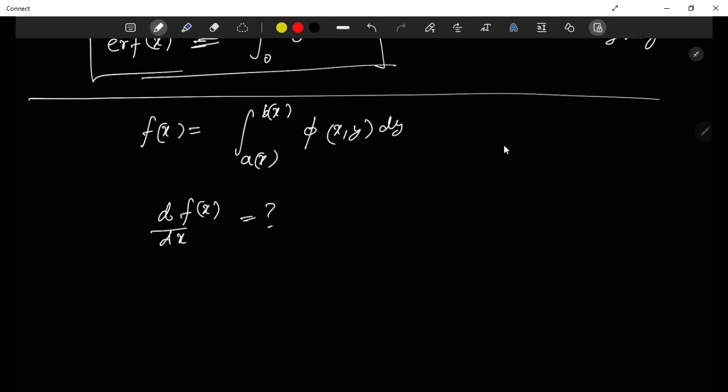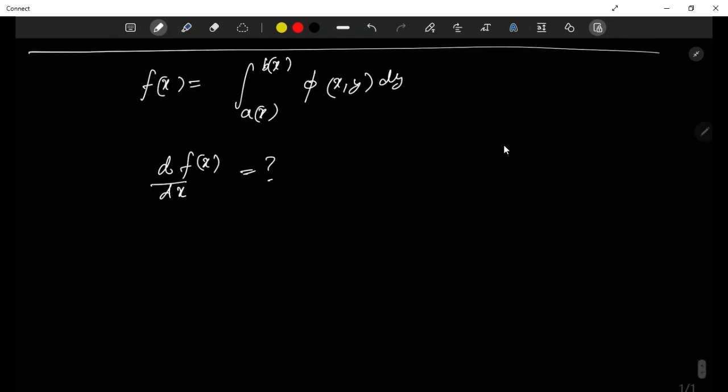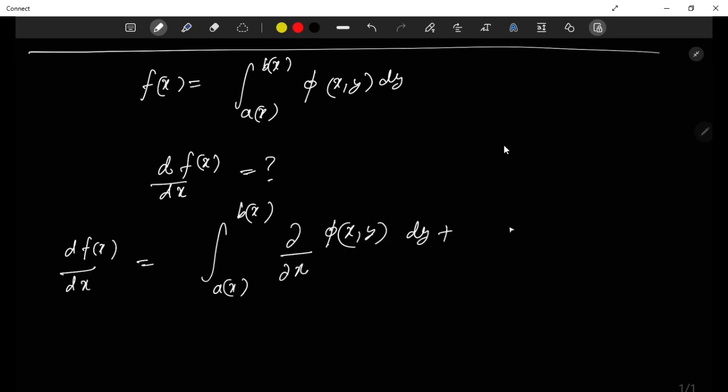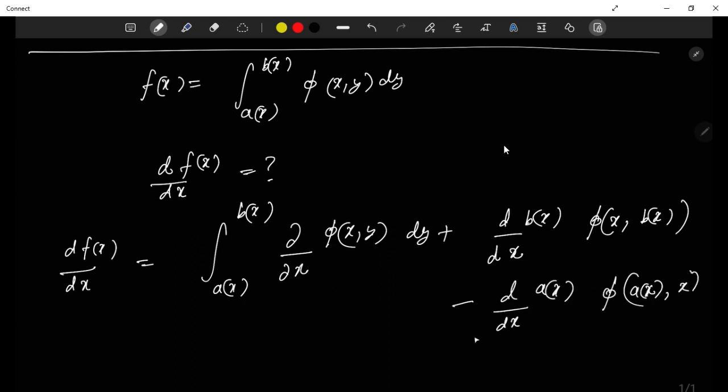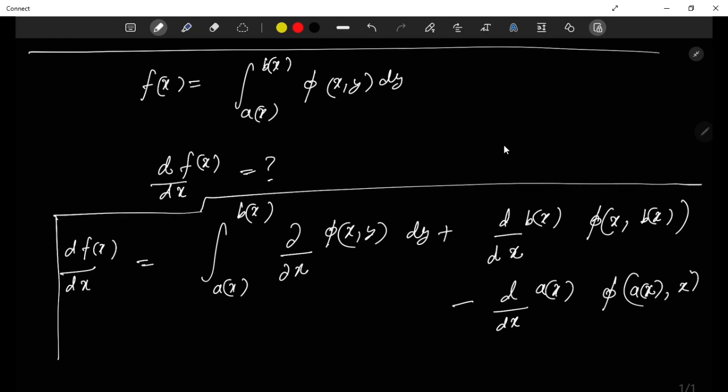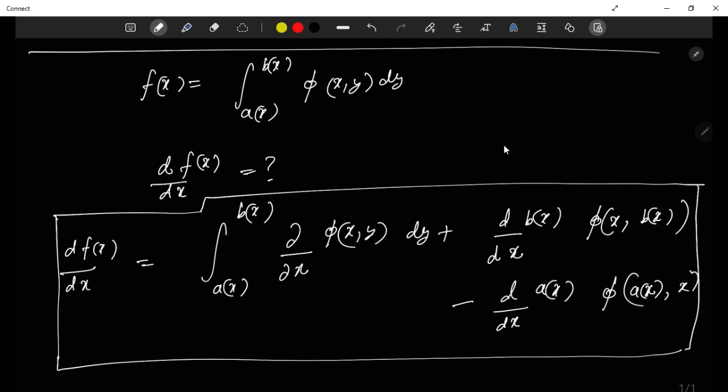How will you write this? I am telling you a formula. To write this, you will do like this. So this is the formula when you are asked to calculate the derivative of a function which is written in terms of integral representation. Using this formula we will calculate the differentiation of the error function.